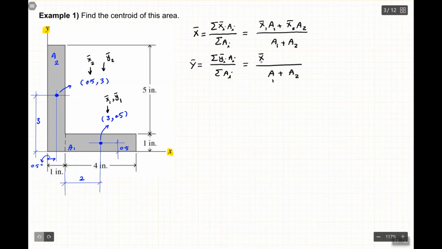And for y, it's going to be y bar 1 A1 plus y bar 2 A2, divided by A1 plus A2.